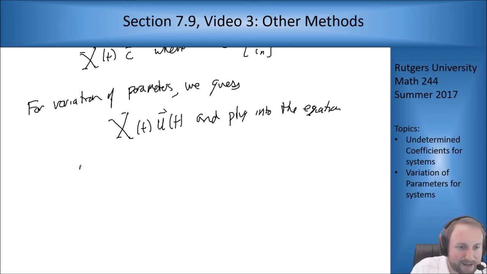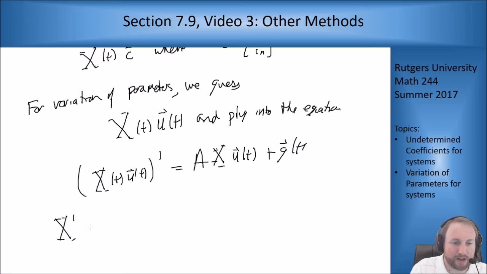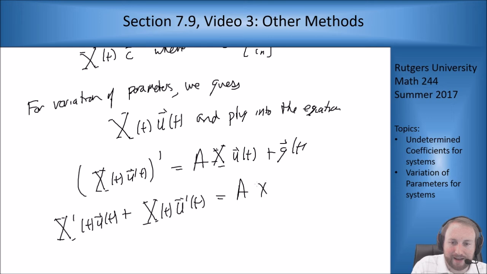Now if I plug that into both sides, what do I get? Well, on this side I get X of t times u of t, prime, equals A times X times u of t plus g of t. And if I do product rule on the left-hand side here, I get X prime of t u of t plus X of t u prime of t equals AX u of t plus g of t.